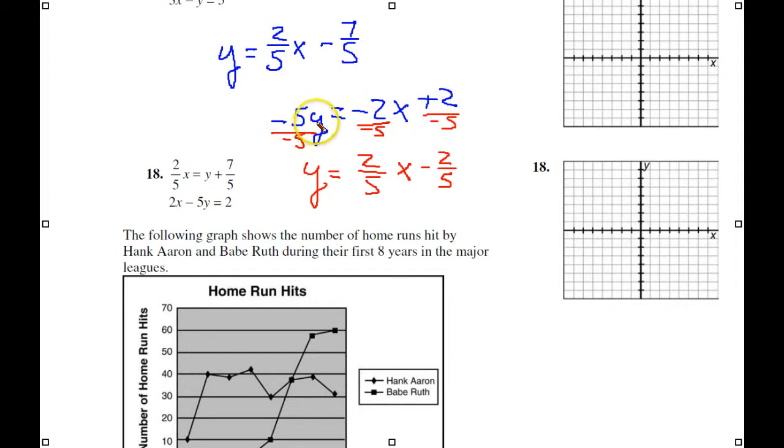And now to get a positive y, I have to divide everything by the negative 5. That's with the y. So I get a positive y equals this. Notice again, the slopes are the same, but the y-intercepts are different. So the lines would be parallel. And for this, there would be no solution.